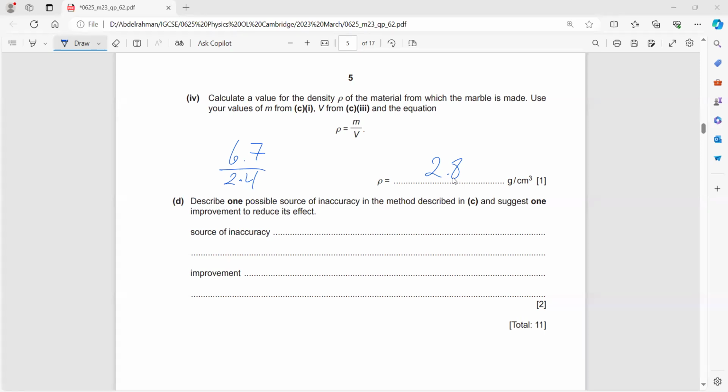Okay. One of the previous questions was when we put the cork in the water, and then we removed the cork, and then we added a measuring modeling clay. The problem is that in this instance, when you removed the cork and then added the modeling clay, the cork, while being removed, could have removed some water with it.